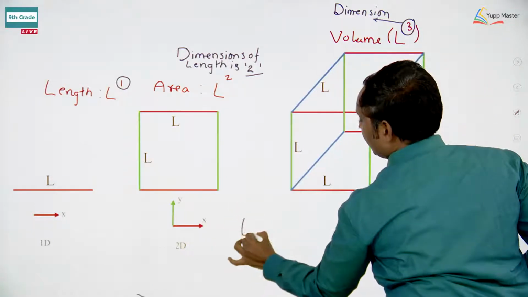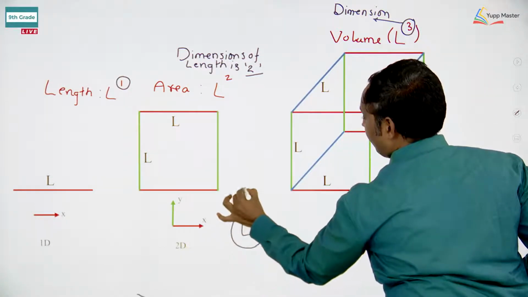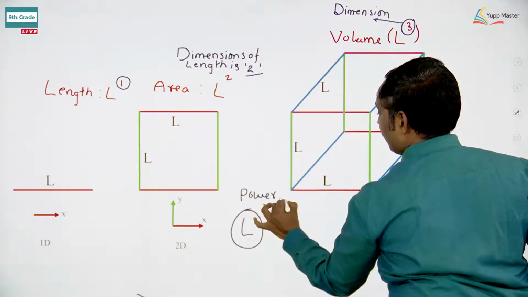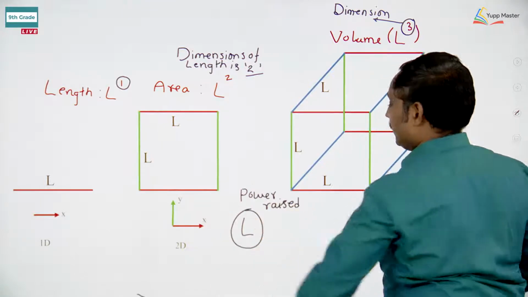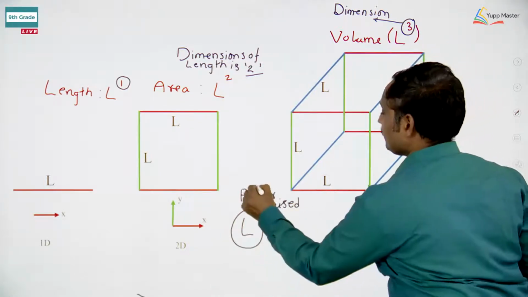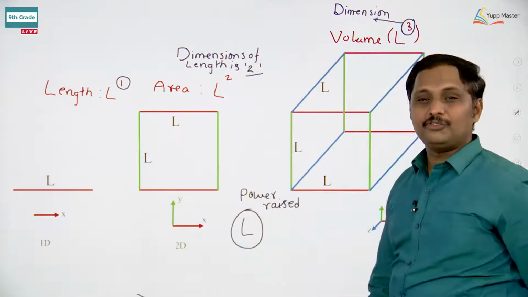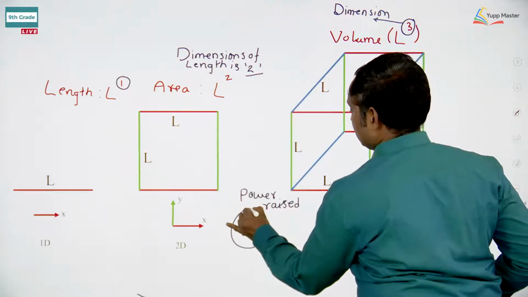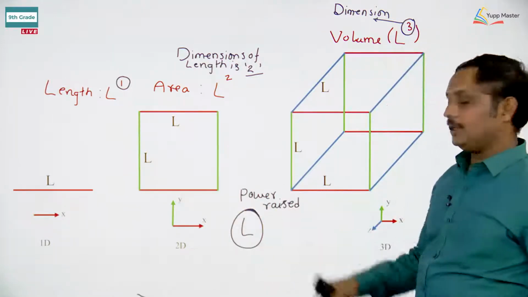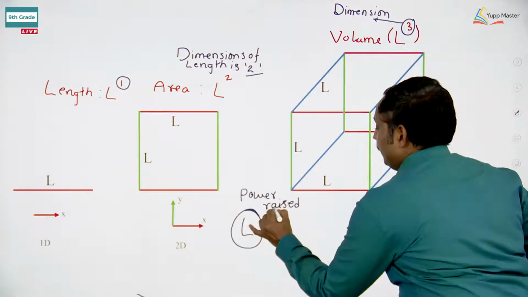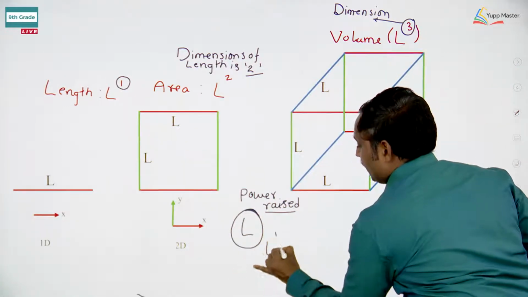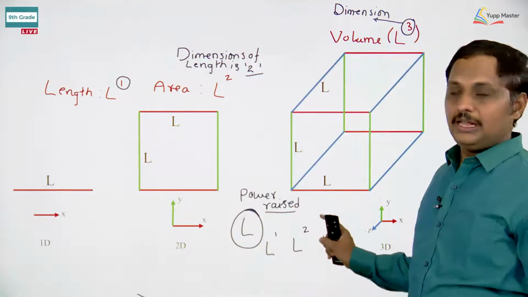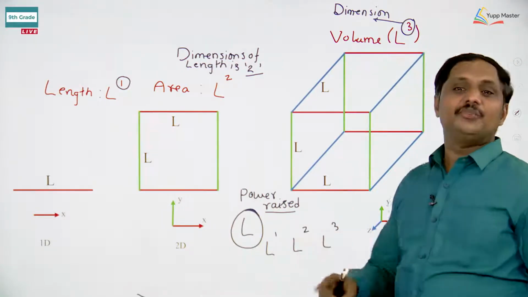So, we have taken L as one quantity, and its power is going to be raised to a particular value. Suppose the power has been raised to 1, 2, 3. So the number that gives the dimension of that physical quantity.